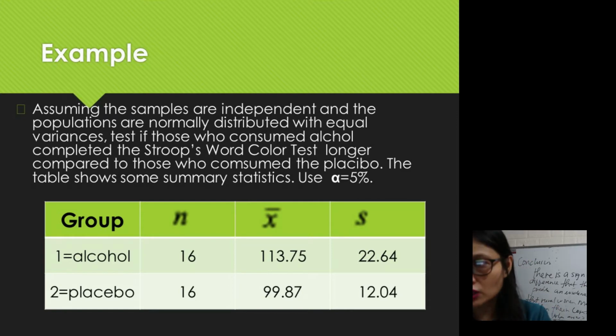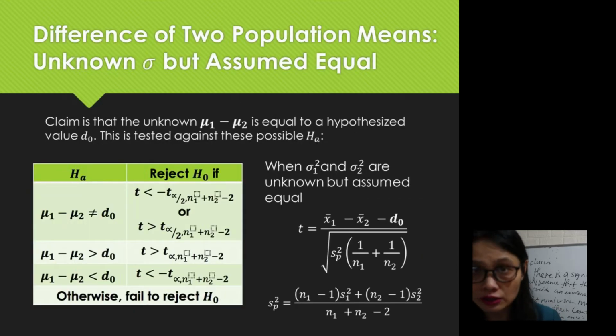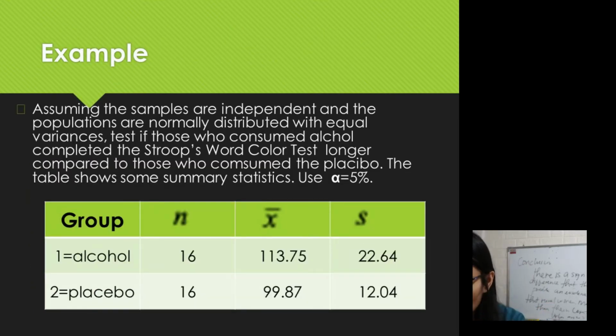So we will be using the first condition under the t value: the difference of two population means, where the standard deviation is unknown but assumed equal. We will be using this formula. So how do we answer this one? First, we need to come up with your null and alternative hypotheses.